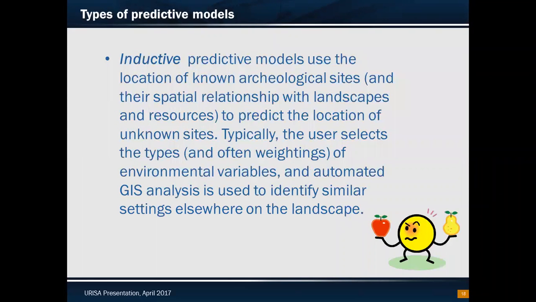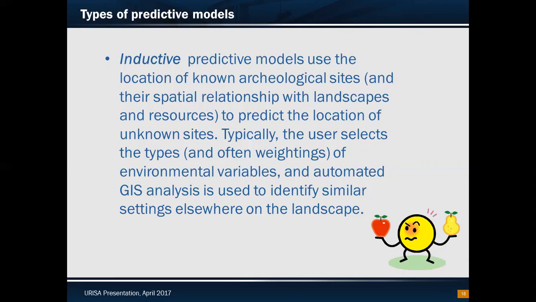There are two different types of predictive models that are generally recognized. Inductive predictive models are much more common. What that involves is starting with a known landscape where you know various aspects of the environmental setting and you know where there are a number of sites.